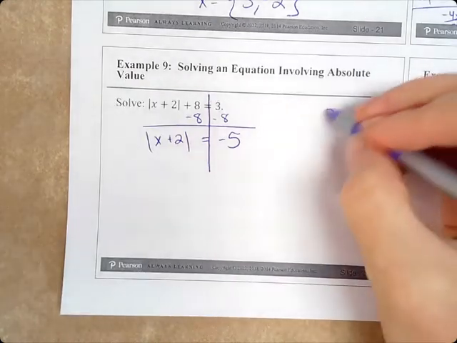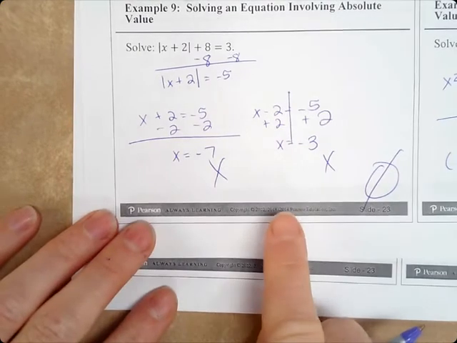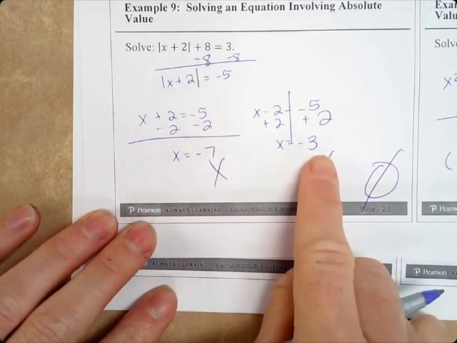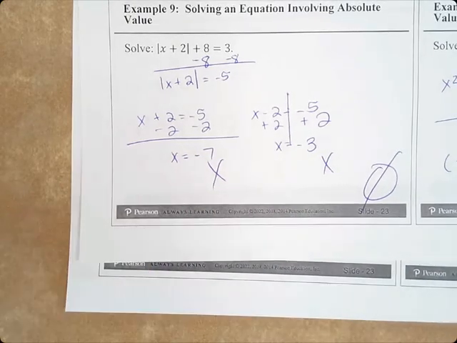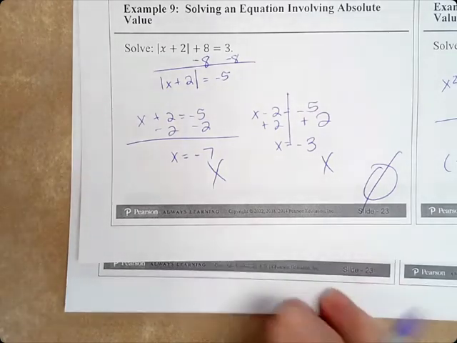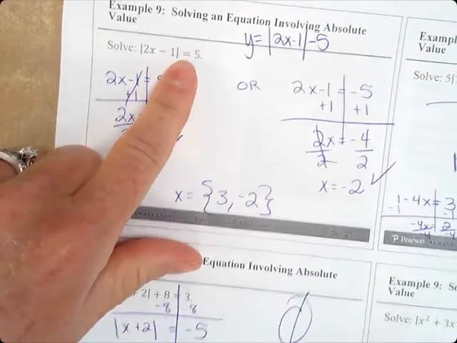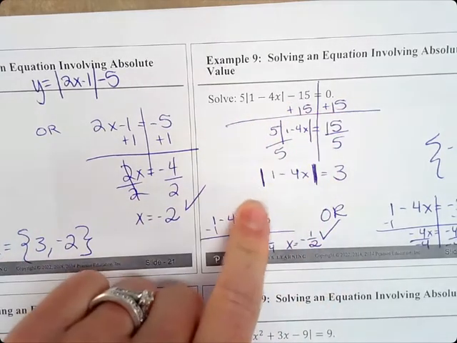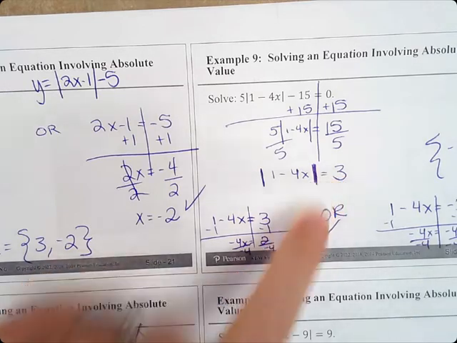There's no solution here. What I did do, though, is I worked it out, and I found negative 7 and negative 3, and then I checked it, and neither one of them worked. Anytime the absolute value equals a negative, it can't happen. It's a no solution. So you see how this was positive? This one was equal to 0, but when we solved it, we still got a positive answer here. So we know that there was a solution there.